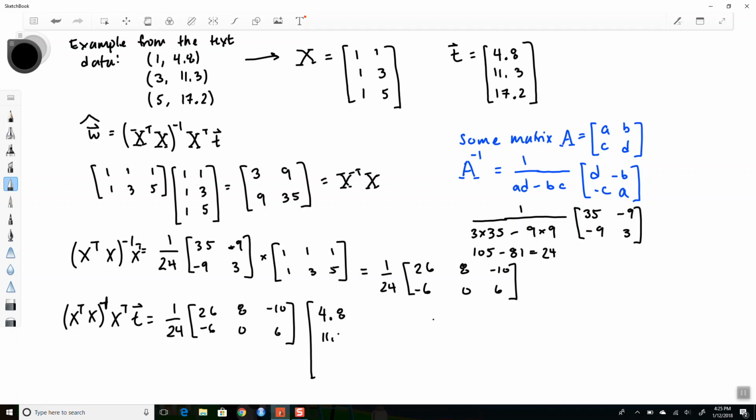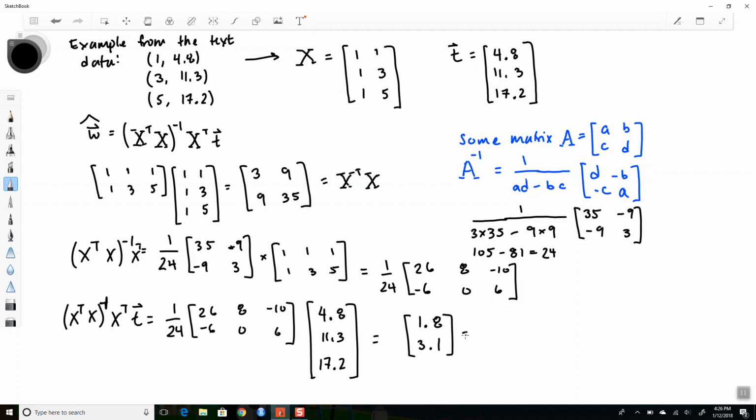8, 11.3, 17.2, and what do we get? I'm going to go ahead and cheat and take the answers that I wrote out earlier, and the values end up being 1.8 and 3.1. We would just go through and do matrix multiplication here, right?